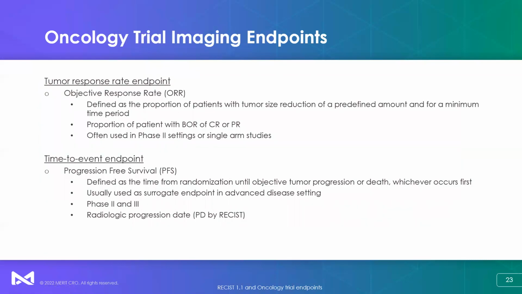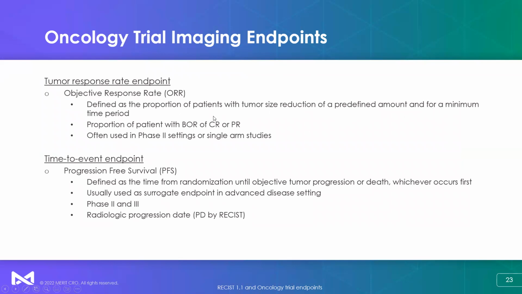Getting into oncology trial imaging endpoints, there are 2 very common imaging endpoints where RECIST 1.1 would directly be used, and one should be the overall objective response rate. This is defined as the proportion of patients with a tumor size reduction of a predefined amount and for a minimum time period.